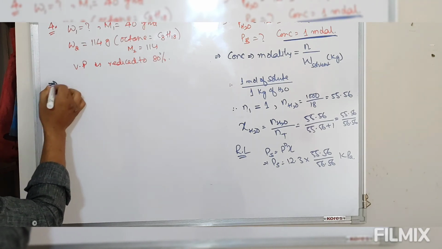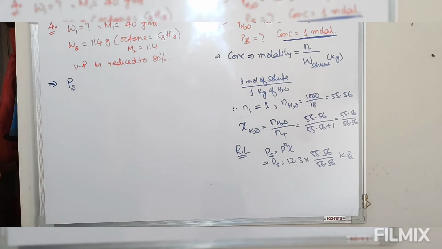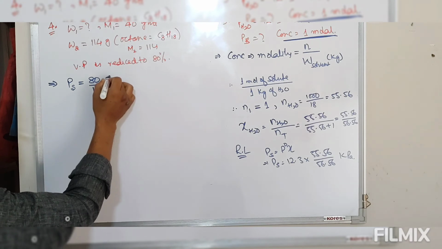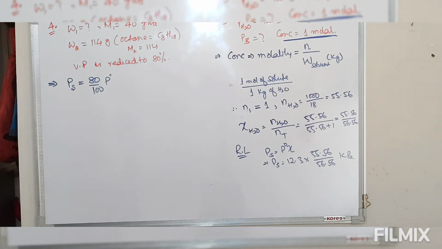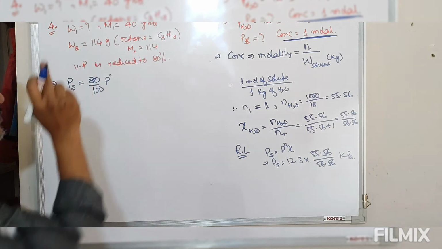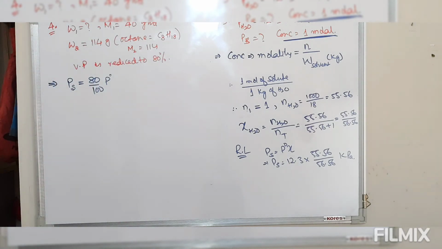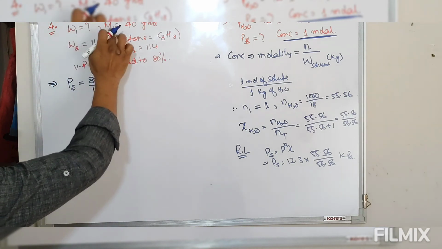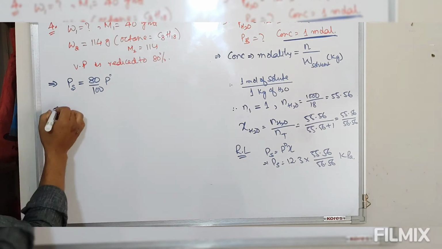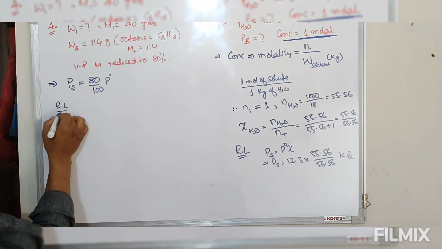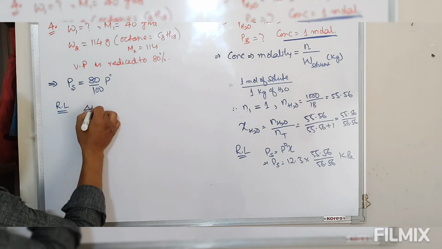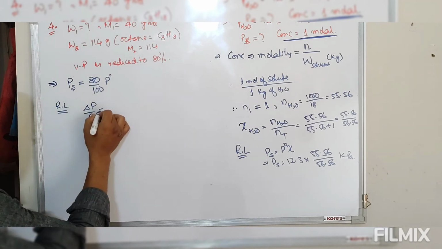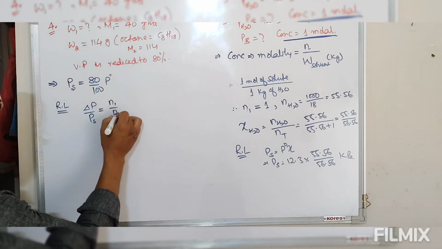First look at this. Vapor pressure of solution is 80% of the initial value. Now we have W2 given, W1 given, M1, M2 given. Now we have to use Raoult's law. According to Raoult's law, delta P divided by PS, the exact form of Raoult's law, is equal to N1 by N2.